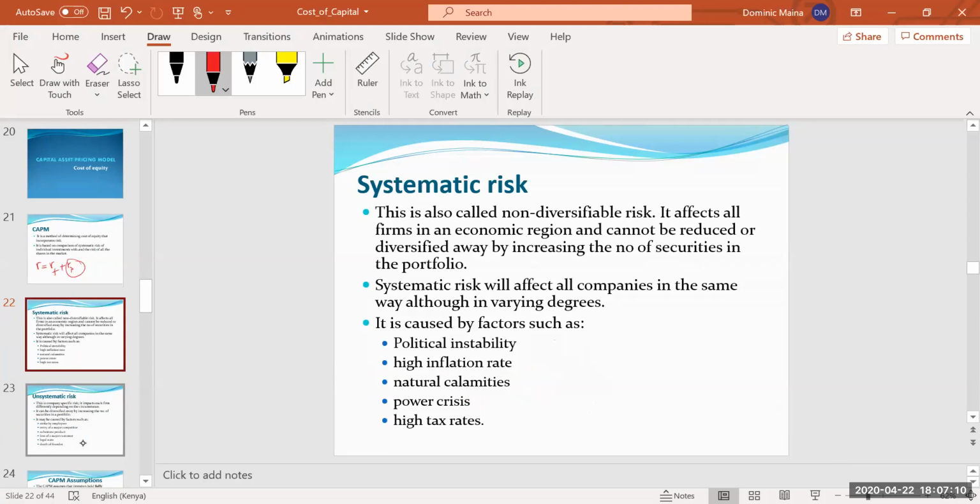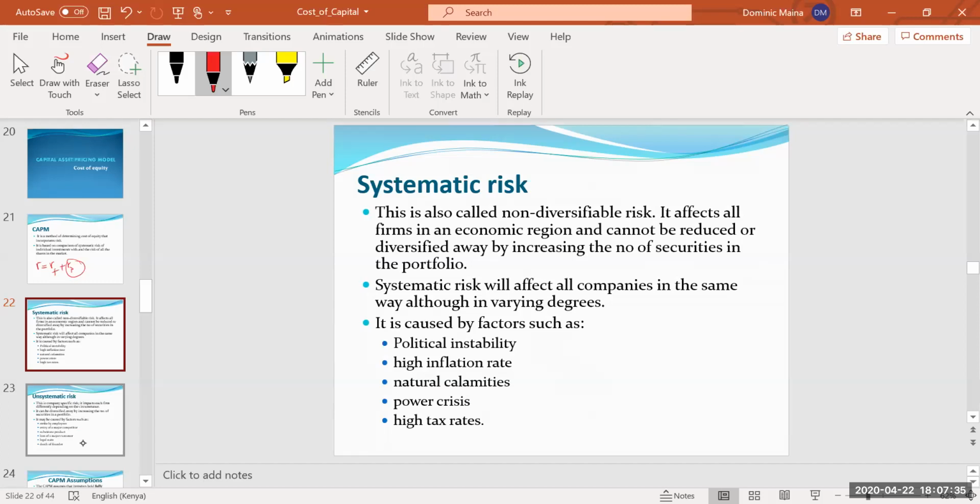It does not matter which stock you take, or which security you invest your money in, the exposure will be there. The degree of the exposure shall be different, some far more exposure, others less exposure. However, you will be exposed to it, and that's why it is non-diversifiable. You cannot diversify, you cannot do away with it.